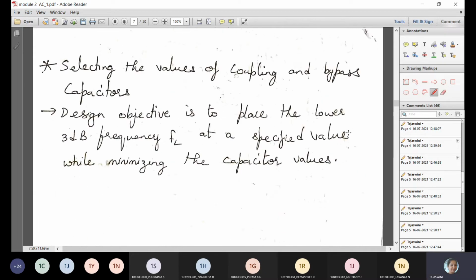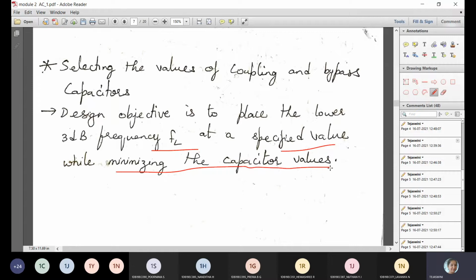So next, the question will arise: what are the coupling capacitors and bypass capacitors? We need to select the values of the coupling and bypass capacitors. These are in the larger range, microfarad, whereas CGS and CGD will be in the picofarad range. Here the main objective is to find FL at a specified value, and we also need to minimize the capacitor values.